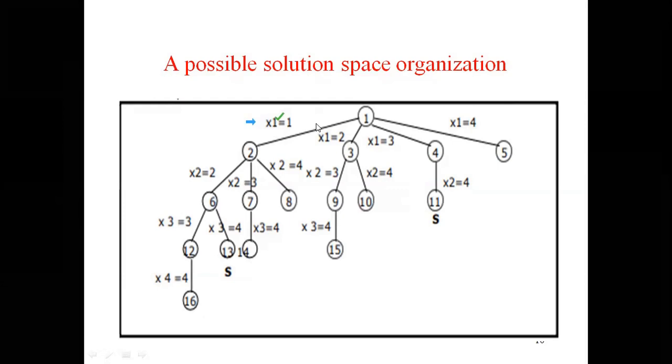At each node, the solution space is partitioned into sub-solution spaces. Again, we are dividing into further sub-solutions. So the solution space is defined by all paths from the root node to any node in the tree, from the root node to every other node, all the paths we are considering, since any such path corresponds to a subset satisfying the explicit constraints.